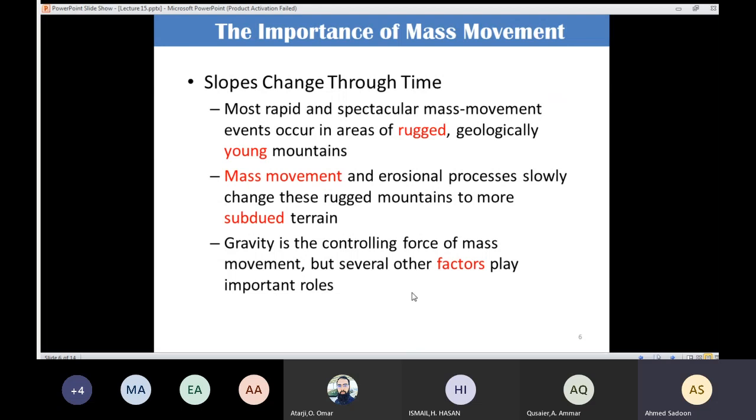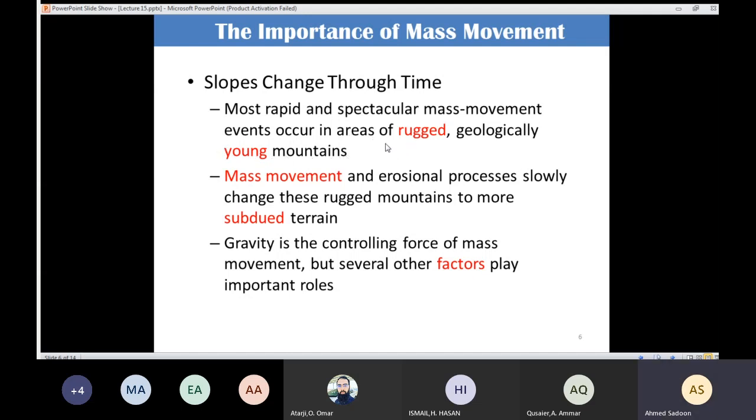And the effect of the mass movement with time also has a strong effect. Actually, the most rapid and spectacular mass movement events occur in areas of rugged and geologically young mountains.